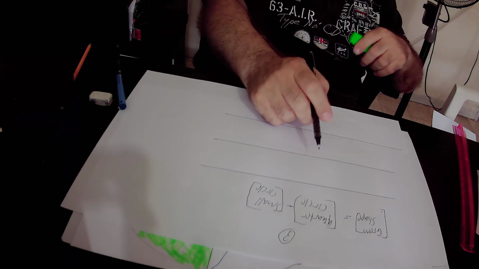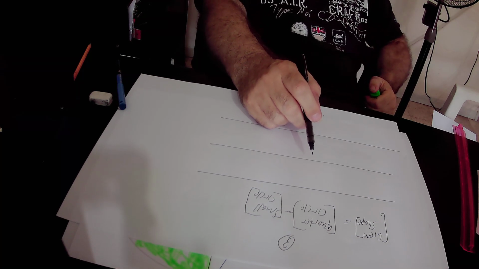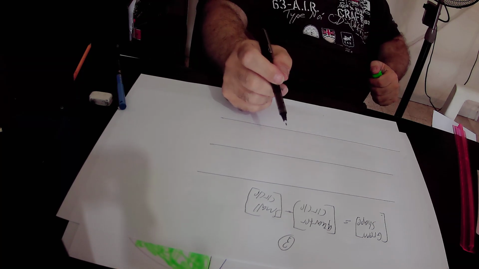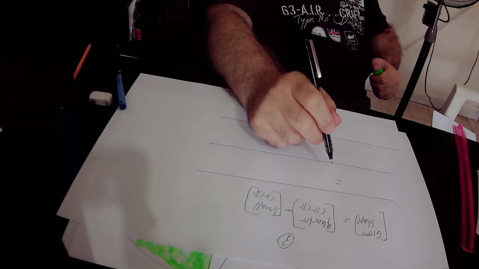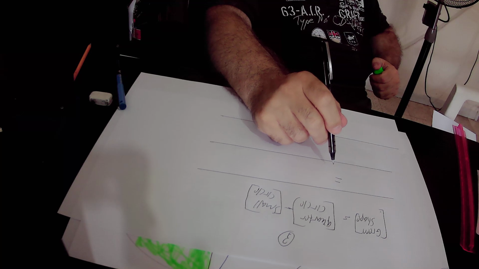The area of the quarter circle, we have already found in method 1.